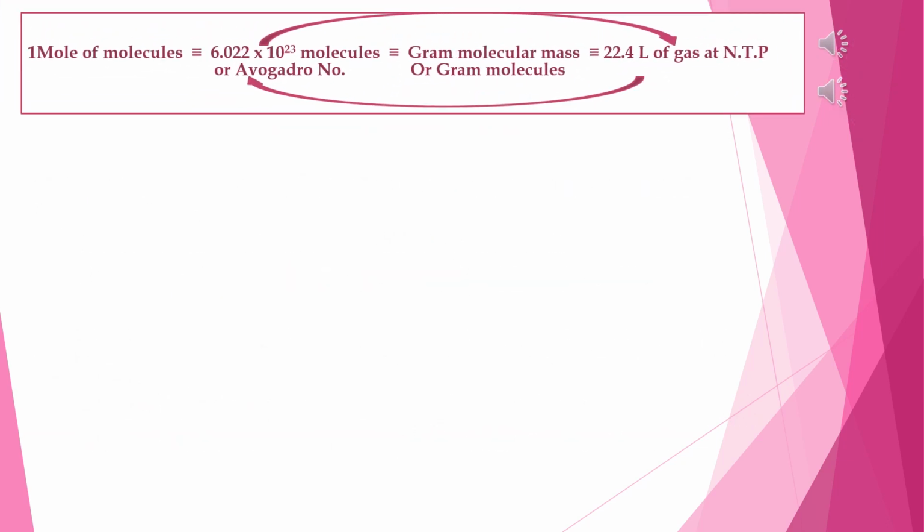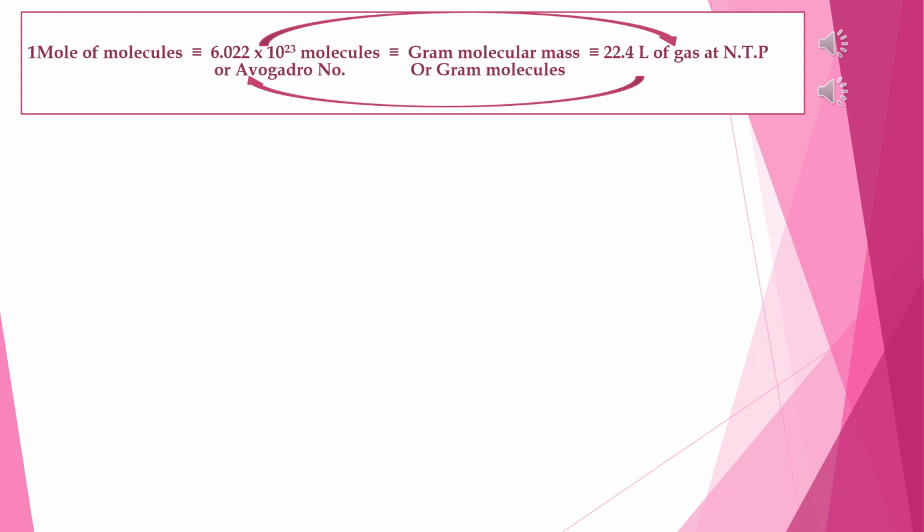So here comes the last relation, which is between Avogadro's number and volume of gas at NTP. According to this relation, 6.022 into 10 to the power 23 molecules of any substance is equivalent to 22.4 liter of gas at NTP.